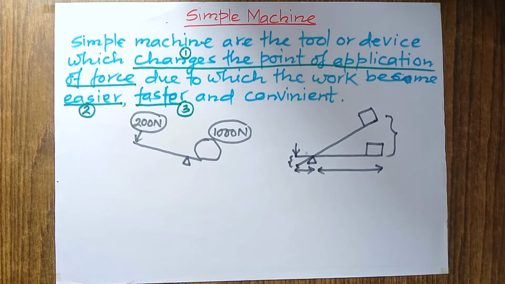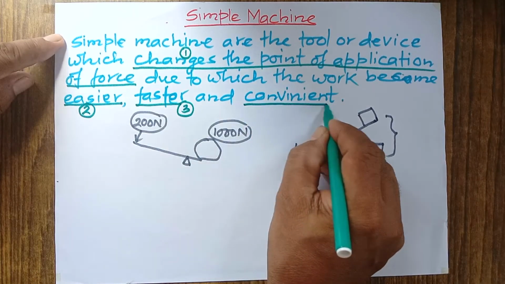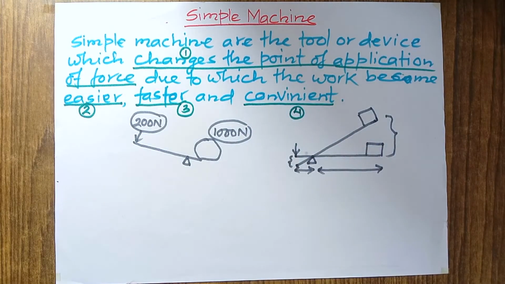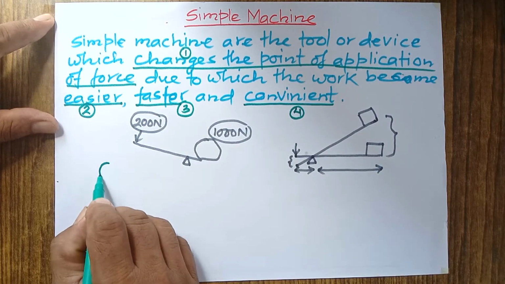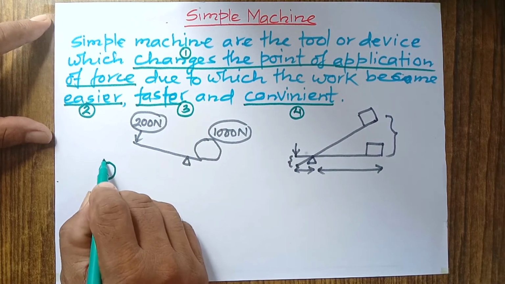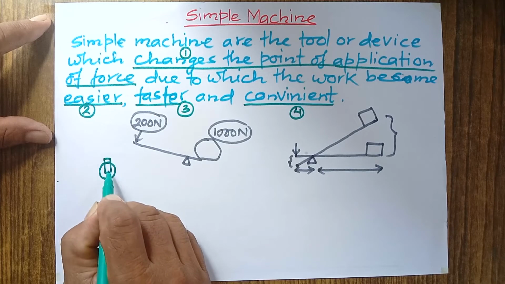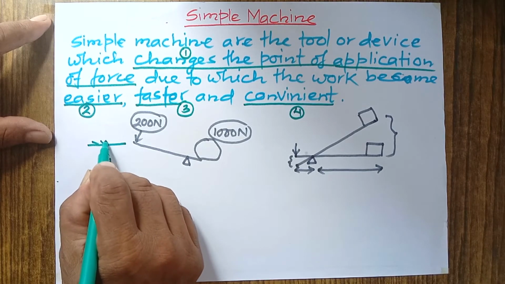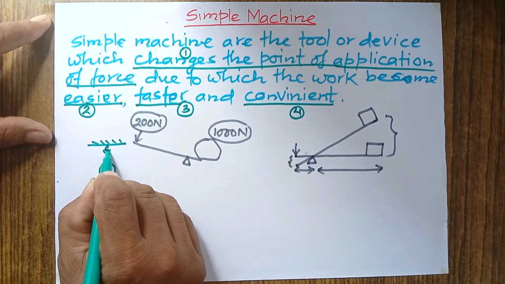Now, let's talk about the last one, how a simple machine makes our work convenient. Now, I want to give you another example. Look at this. This is, let's say, a pulley, single fixed pulley, fixed at certain point here.